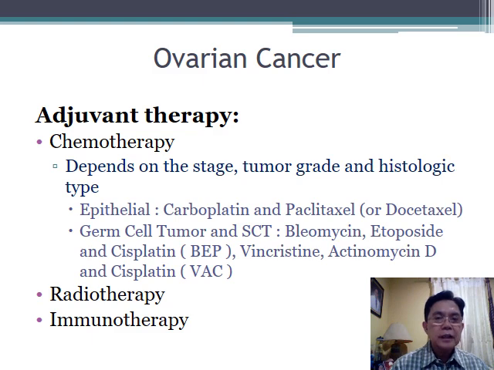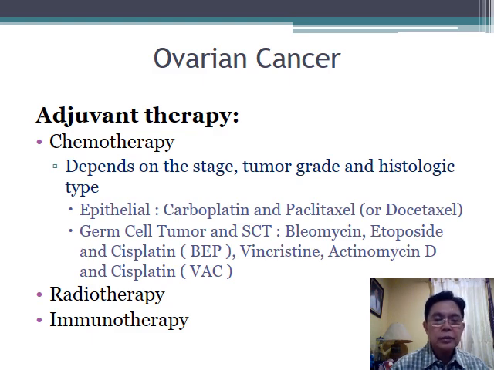Radiotherapy has also been used in treatment of ovarian cancer. It has been used as a curative approach for early stage ovarian cancer, but not very successful in advanced ovarian cancer.